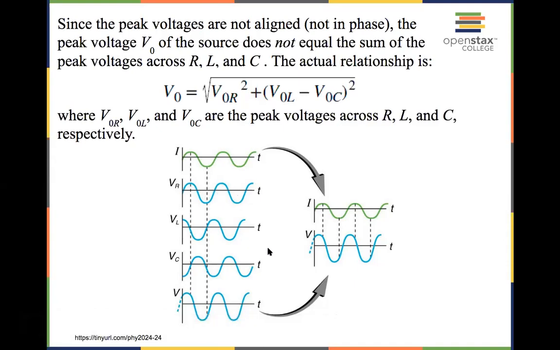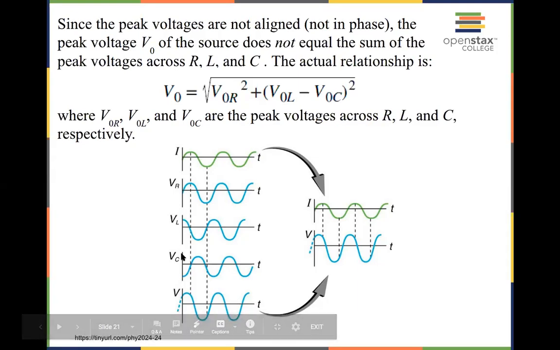Now this is something we don't cover in this class, but it can be mathematically proven by introducing a quantity called a phasor. It's a vector quantity, okay. So you can express the voltage on the resistor as a vector, and on these two as vectors as well.